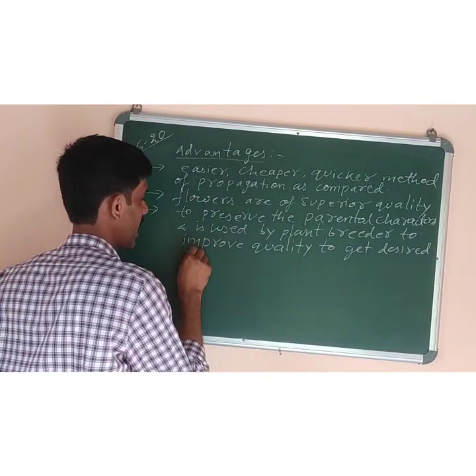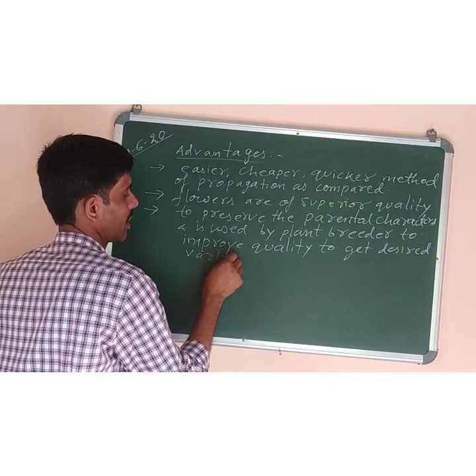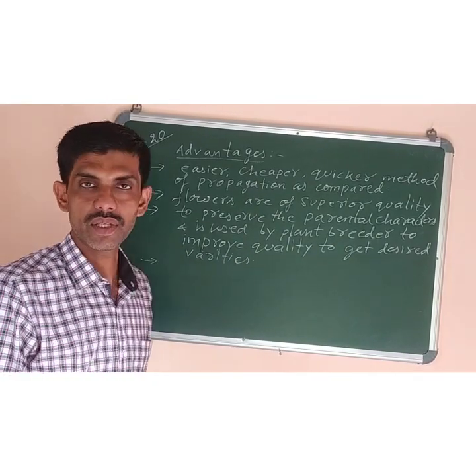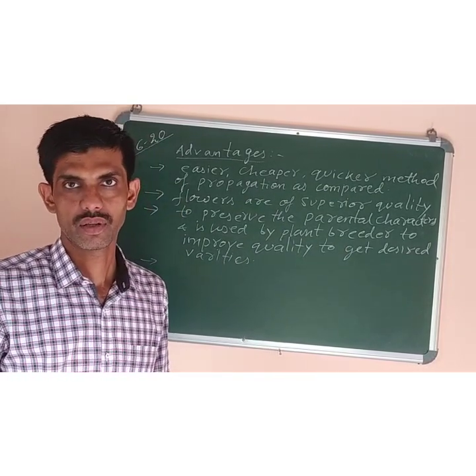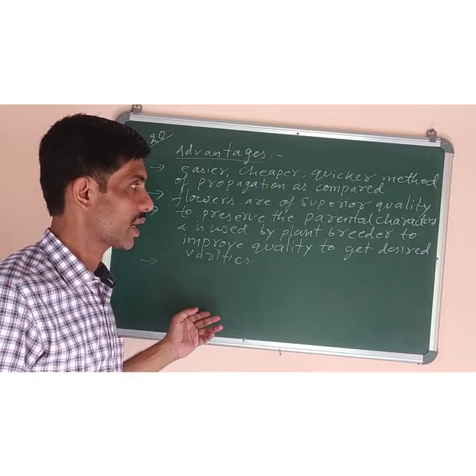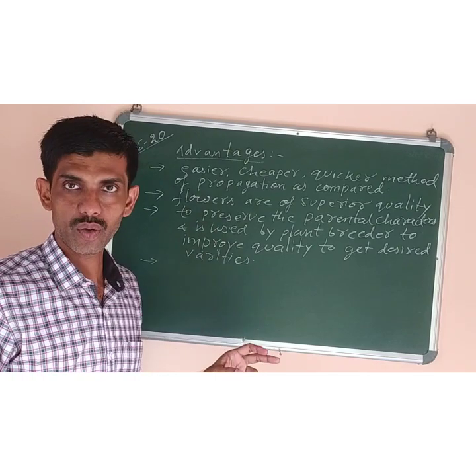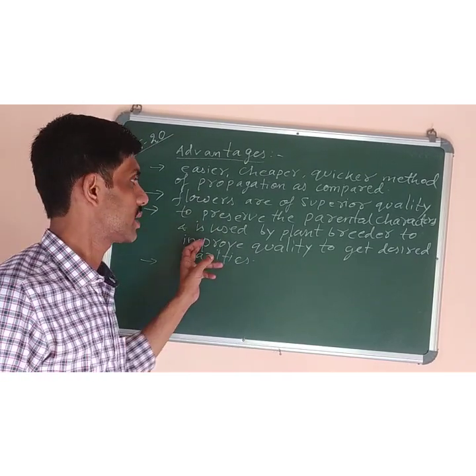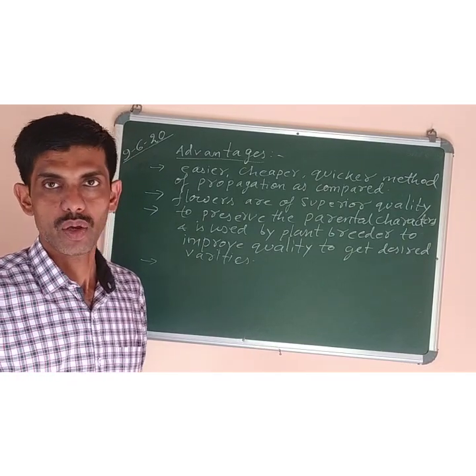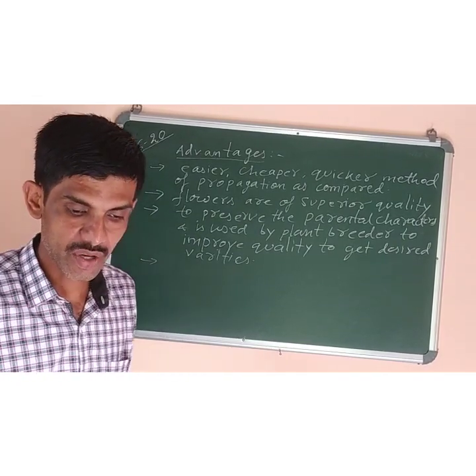So whatever plant variety you want or whatever is desired, it can be grown by this method of vegetative propagation. Okay, so it is easier, it is cheaper, it is quicker, flowers are of superior quality, and it is used to preserve all the parental characters of the plant which were present in the parental generation.